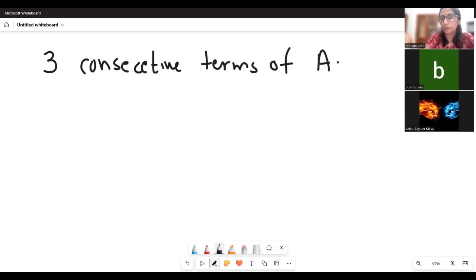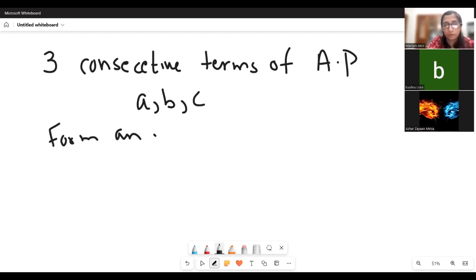Instead of arithmetic progression, I'm writing AP. So if you're given 3 terms and told that these are 3 consecutive terms of an AP, form an equation connecting A, B, and C.